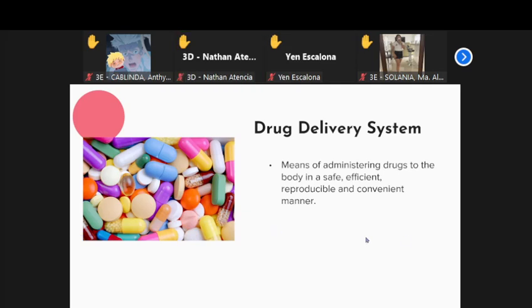Okay. What about Escalona? Am I audible? Yes. Ma'am, the dosage form, or how to deliver the drugs. Are you asking about the characteristics of the dosage of the drug product? What characteristics should we consider first when we make drugs?